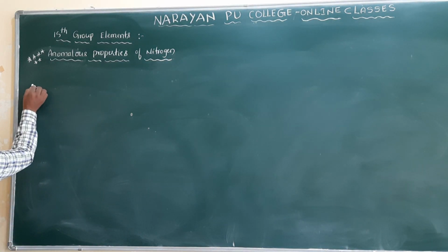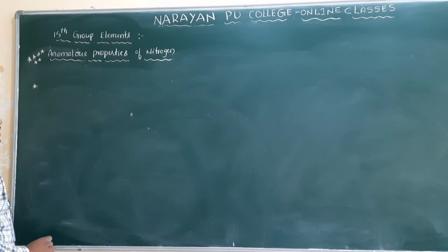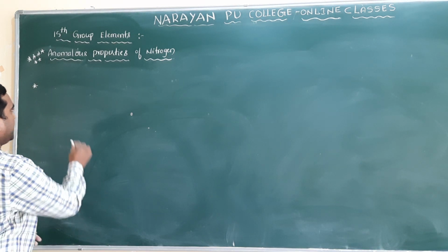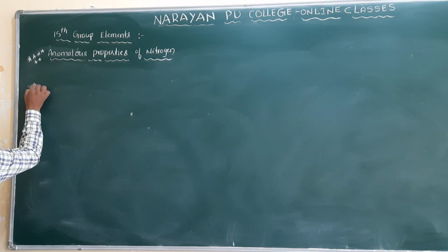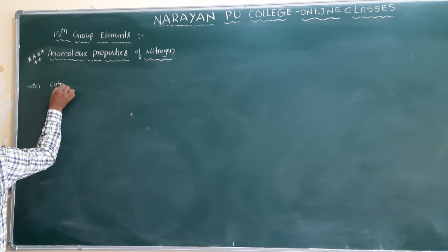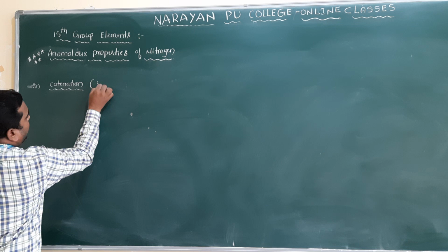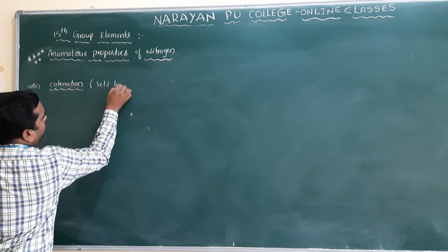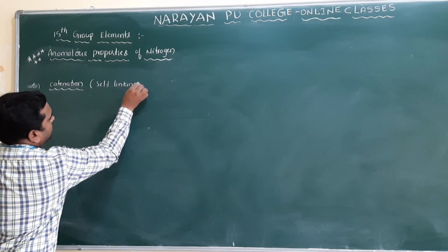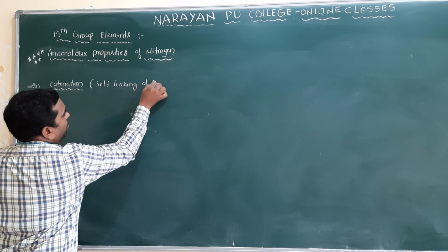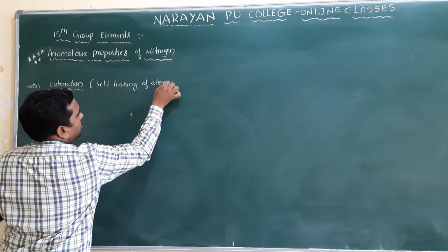Clear? Next, the second property in which nitrogen differs from the other elements is catenation. What is catenation? Catenation means self-linking of atoms. Clear?